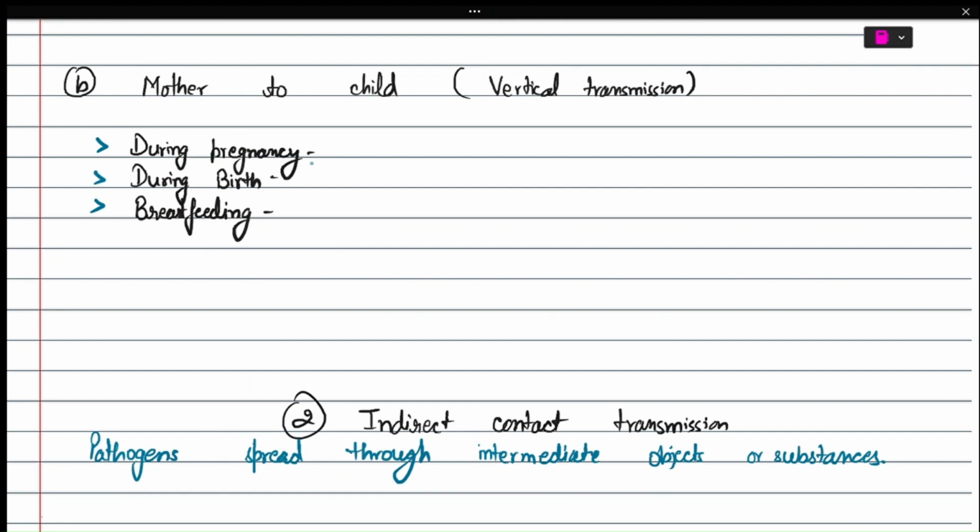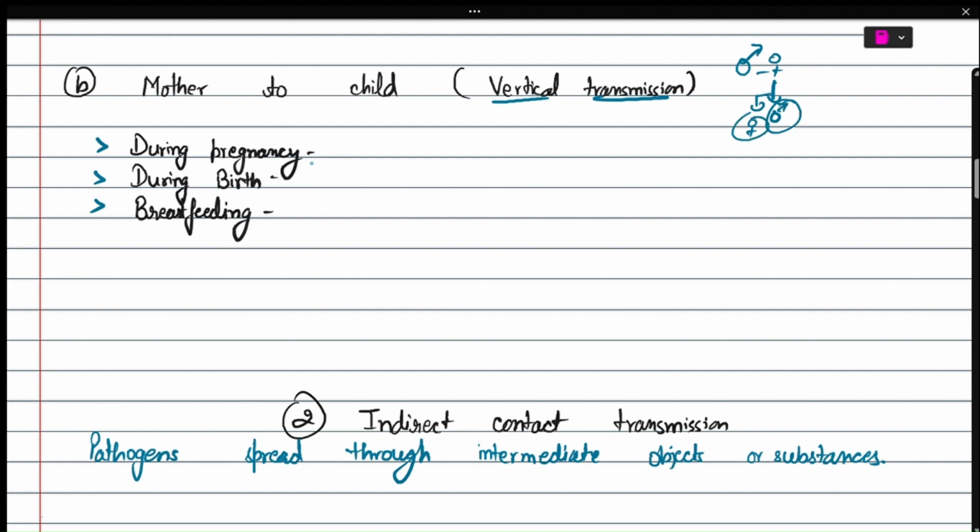And then after this comes mother to child transmission, which is vertical transmission. A mother's bacterium or pathogen can go to their child as well.